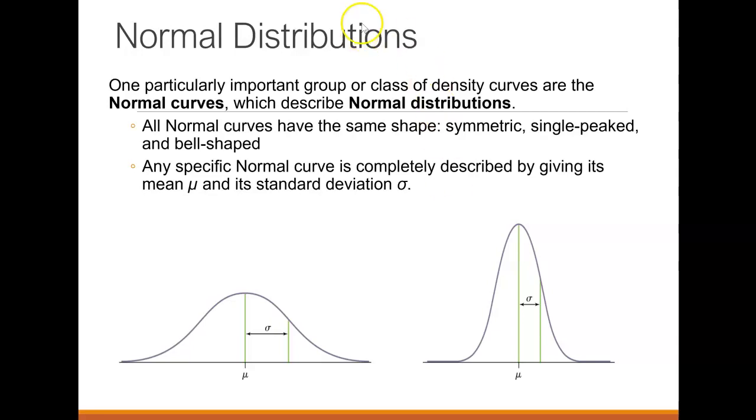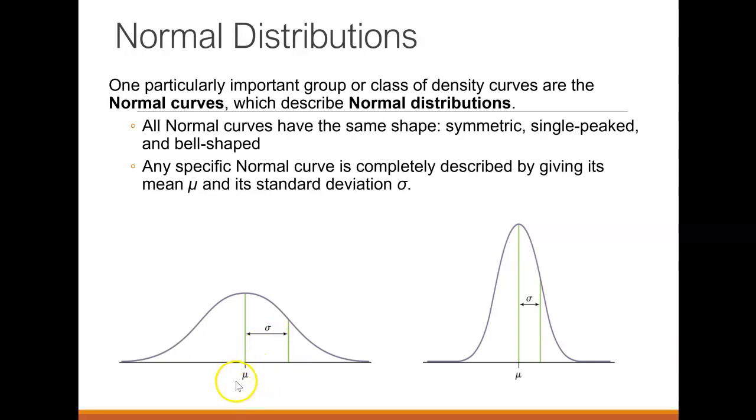A normal distribution is a type of symmetric distribution. So all normal distributions are symmetric. So the middle spot is the mean. And often we're classifying the distance from the mean to the first standard deviation or the second standard deviation or the third standard deviation.